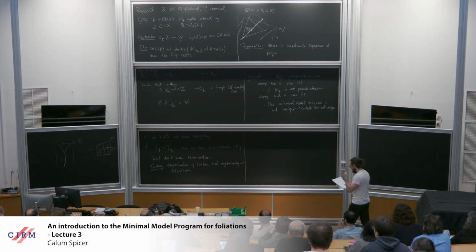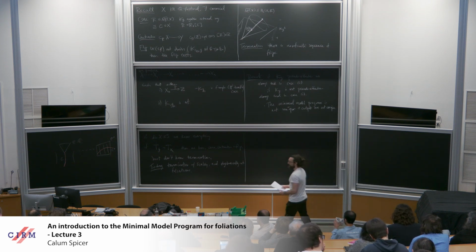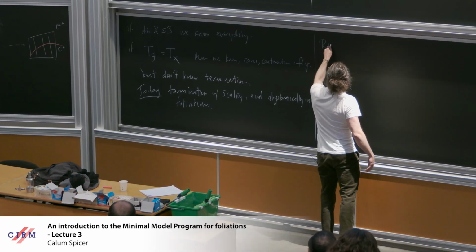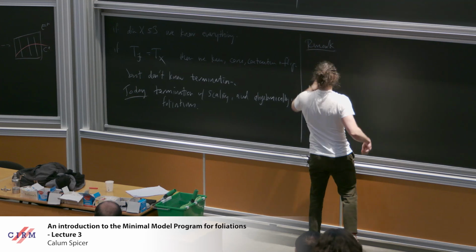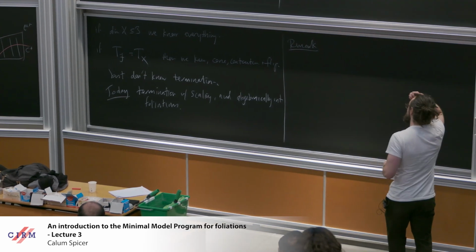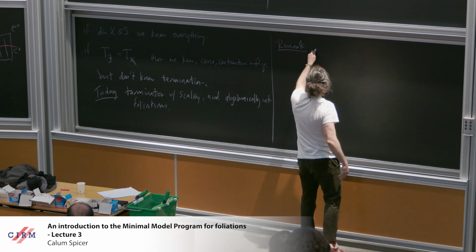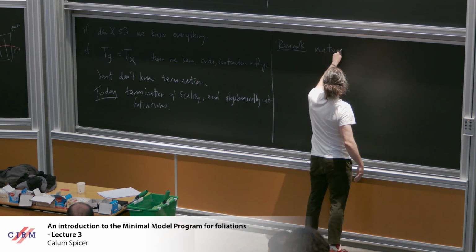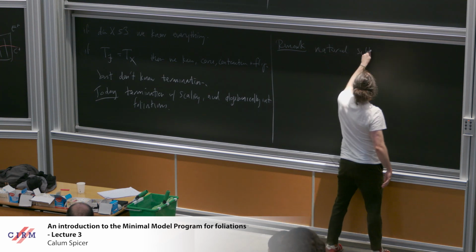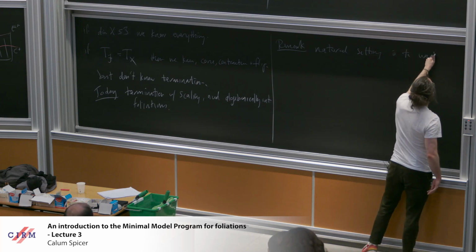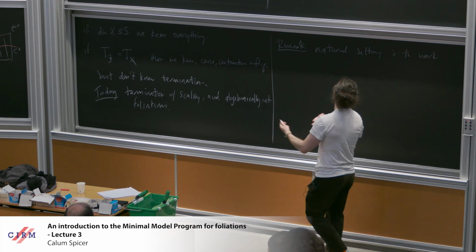Okay, great. So termination with scaling. Before I go into it, I want to make a quick remark. I want to emphasize, and I'll try to give a taste of this later on, that really the natural setting for the theory is to work with pairs. And actually, there's an even more general setting that we should work with.